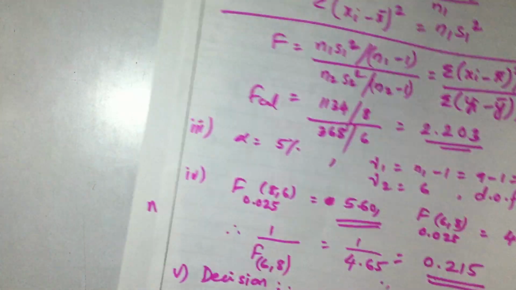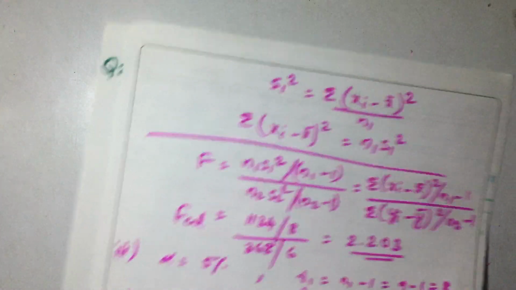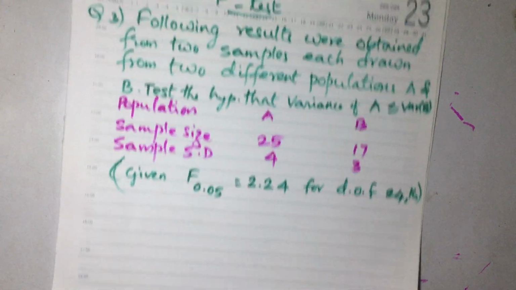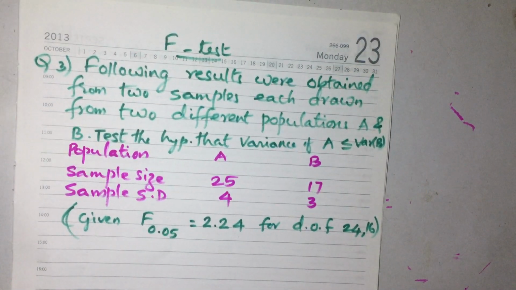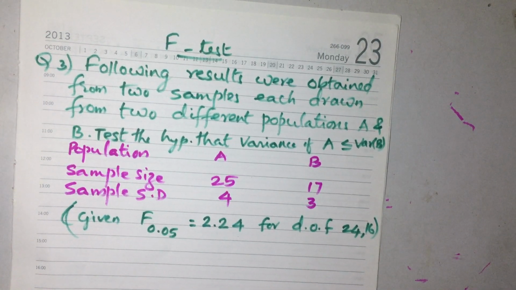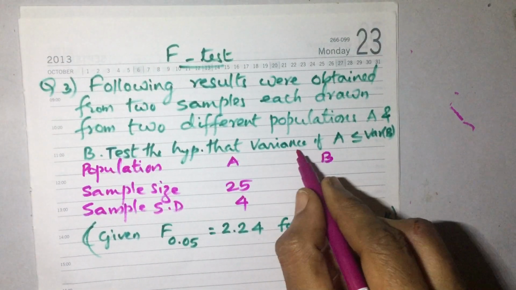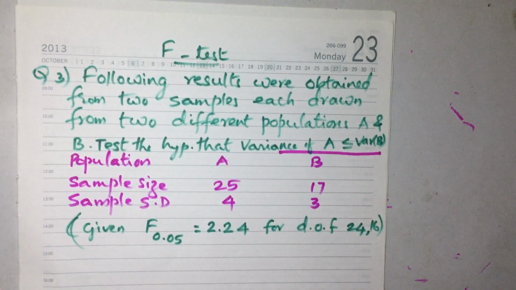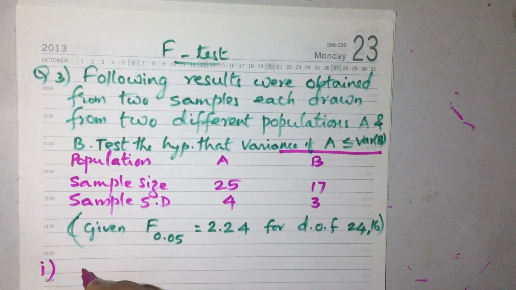Now let's do another type. So all these are different types of questions I am doing. So next type, read the question well. Following results were obtained from two samples, each drawn from two different populations A and B. Test the hypothesis that the variance of A is less than variance of B. So from the question only you can write what is the null hypothesis.